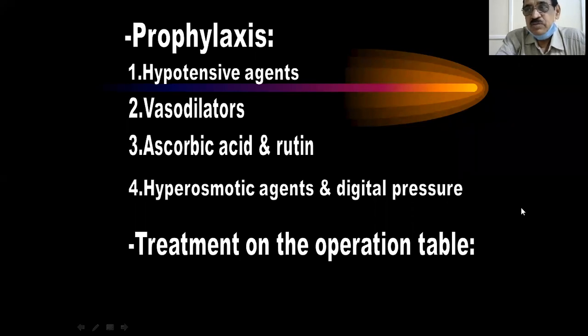Another thing we can do on the table is give bolus mannitol to reduce the vitreous, or a suprachoroidal tap can also be done so as to reduce the consequences of the expulsive choroidal hemorrhage.